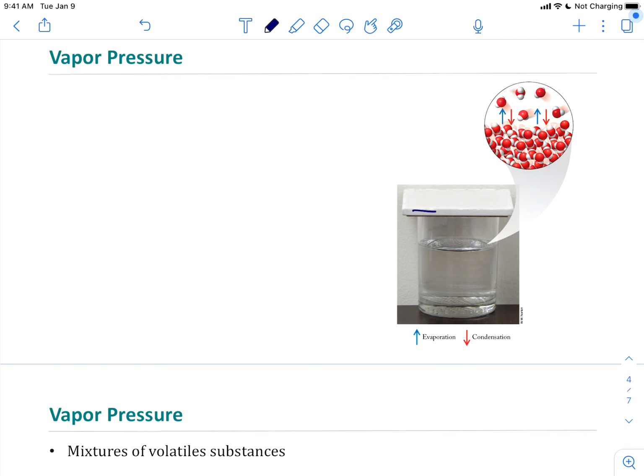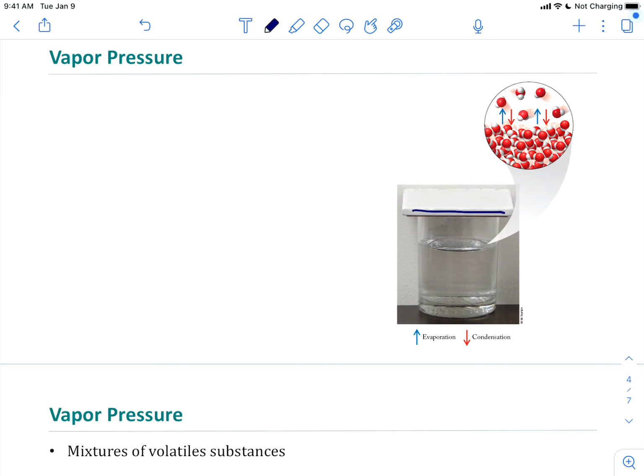We've got a piece of styrofoam over our glass here, because if we don't have that styrofoam or a lid of some sort, the water vapor is just going to evaporate and dissipate into the room, and slowly all the water will evaporate, leaving nothing but some salt at the bottom of your glass over time. So we have to have a lid on it.